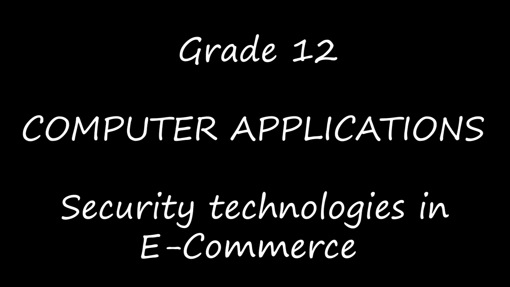Last session we have seen about digital certificates. We know what is a digital certificate. It is an electronic document which is used to prove the ownership of a public key, right?